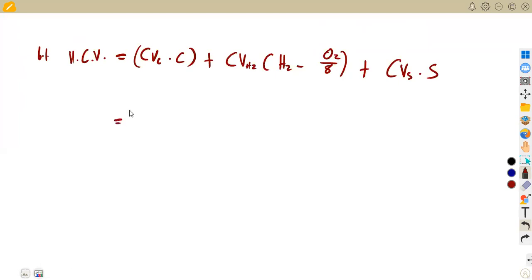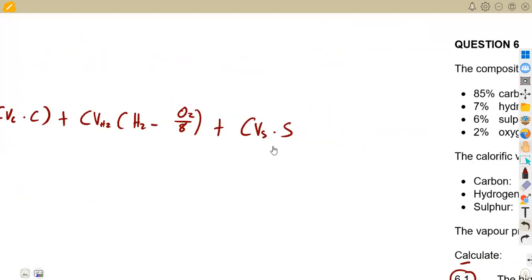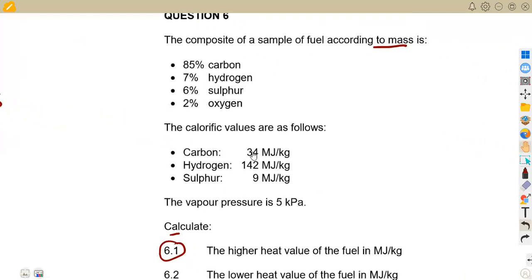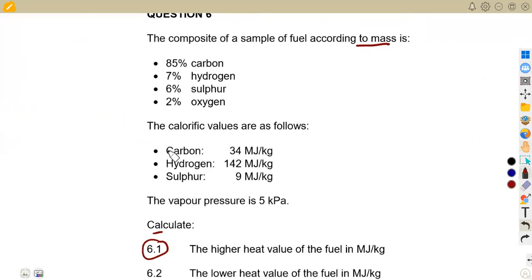So with this formula, we can obtain the higher heat value, which is the higher calorific value, as we are given the corresponding calorific value for carbon, and also the percentage corresponding to carbon, which is 85%. Since the answer is needed in megajoule per kg, we are going to use these values in megajoule per kg.